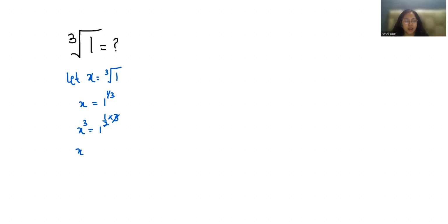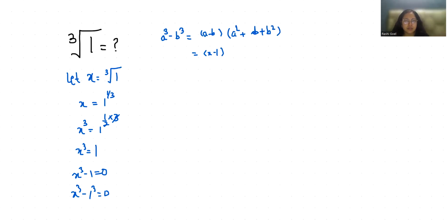So x cube minus 1 is equals to 0. So x cube minus 1, we can write it as 1 cube is equals to 0. Now the famous identity a cube minus b cube is a minus b times a square plus ab plus b square. So x minus 1 times x square plus x plus 1.